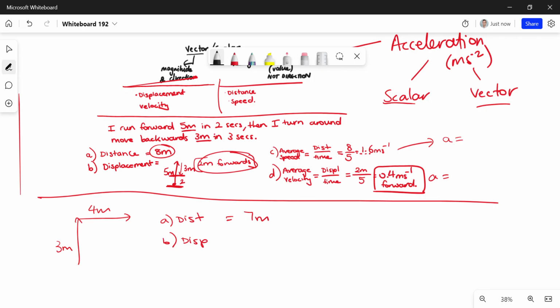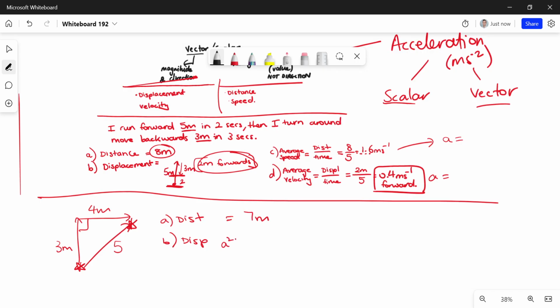The displacement, though, is a little bit different because it relies on where I have started and where I have finished. And you can see here that this is a right-angled triangle when I've brought that together. Those familiar with some pretty basic mathematics would know that that's going to be a Pythagorean scenario that we're going to be dealing with. It's also a fairly famous triangle in terms of the 3, 4, and 5.